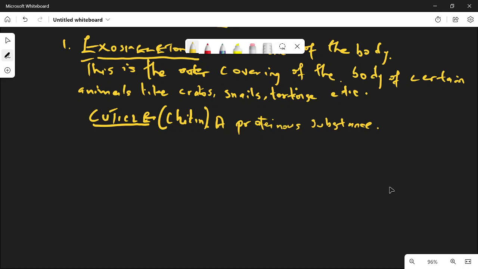Now, this cortical, like I said, is periodically shed off, and that process is controlled by a molting hormone called ecdysone. The process of the organism shedding the skin of their skeleton, rather, is known as molting.